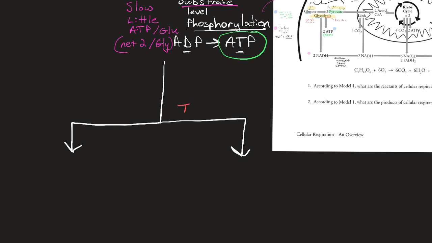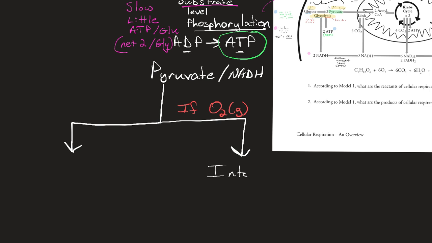If there's oxygen, if O2 is present, if you're breathing, then the pyruvate, which is carrying the carbon and some electrons, and the electron carrier known as NADH go into the mitochondria.